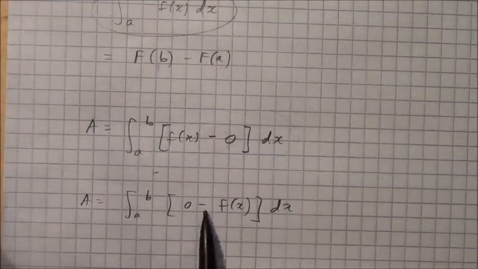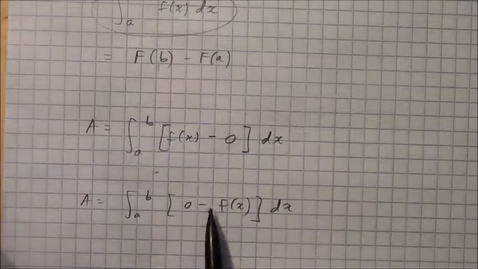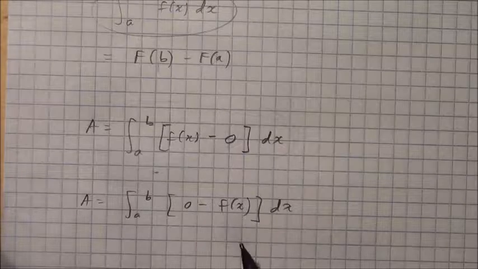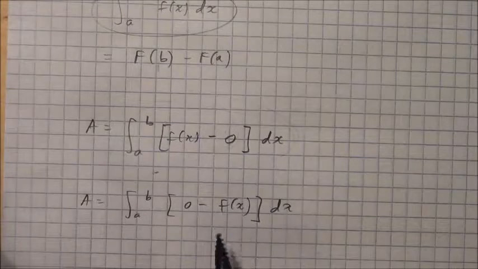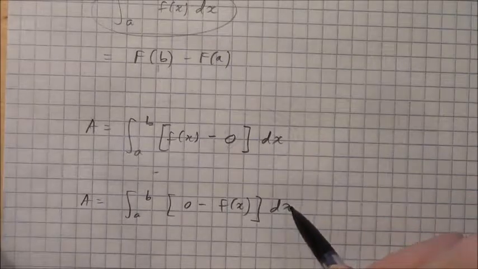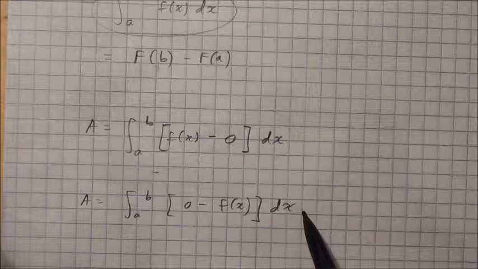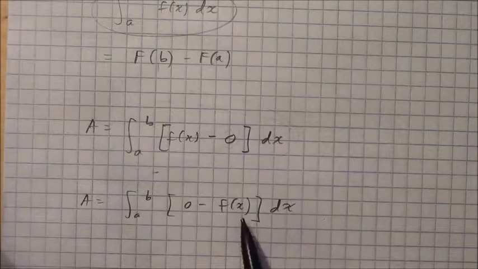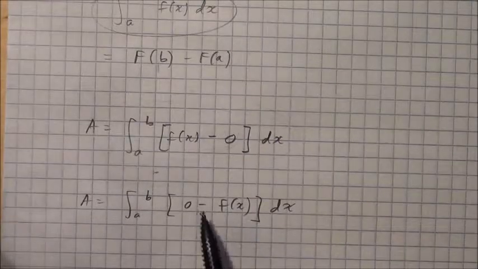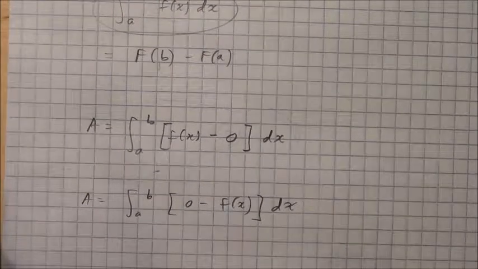We realize that the integral is a negative value because it's below the x-axis. So this gives us a positive value, this gives us a negative value, but then we'd have to take the absolute value of this to find the actual area under the curve if it's below the x-axis, because we know areas have to be positive.